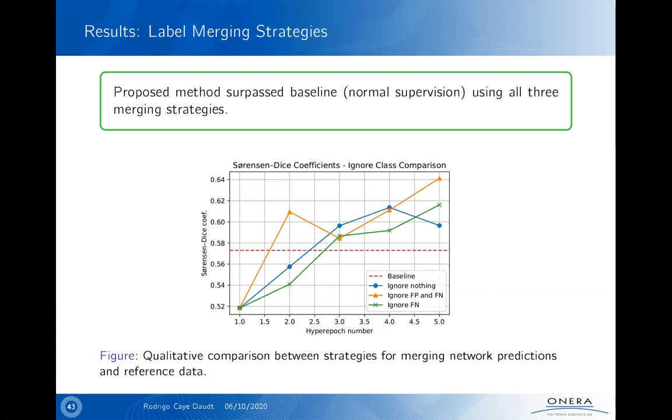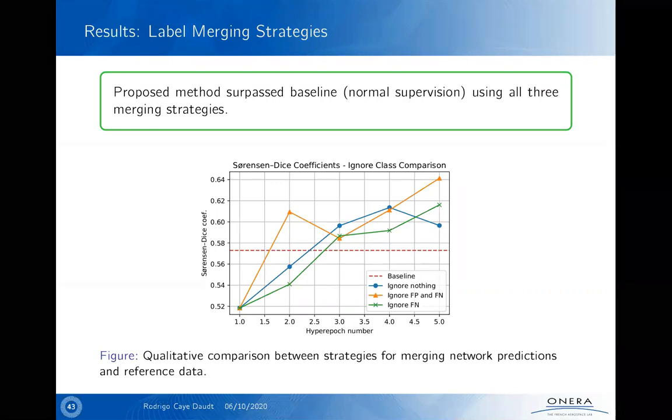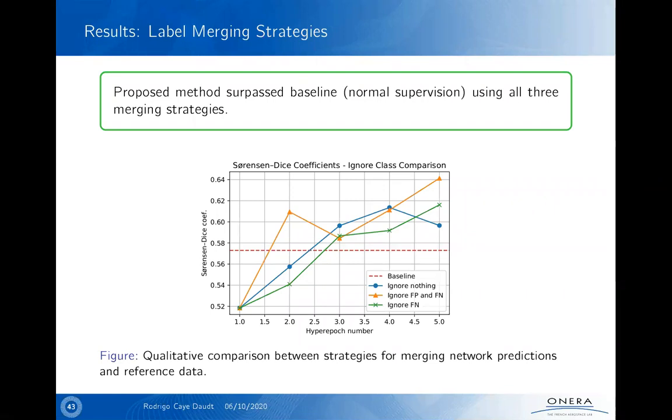The dashed red line is just a baseline performance, which is the network just trained for the same amount of iterations and epochs, but without the whole framework for cleaning the data. And we can see that all 3 strategies surpass the baseline easily. So the strategy is quite successful regardless of which strategy for merging the predictions that we use.